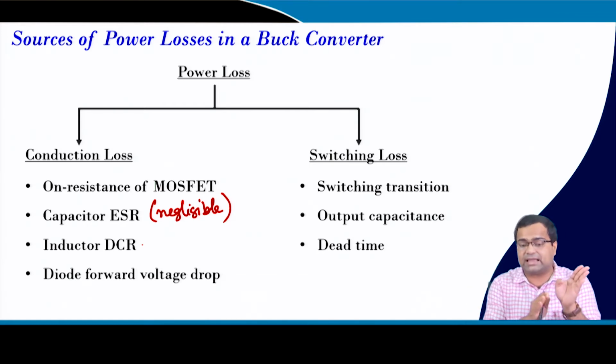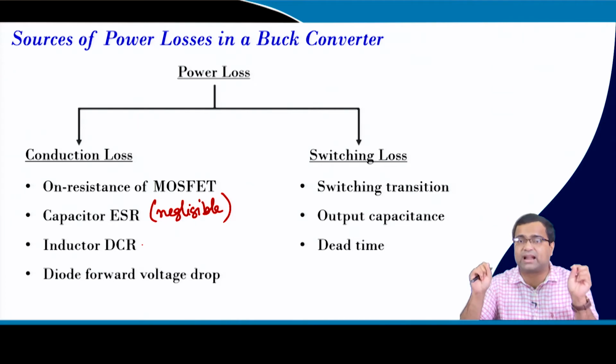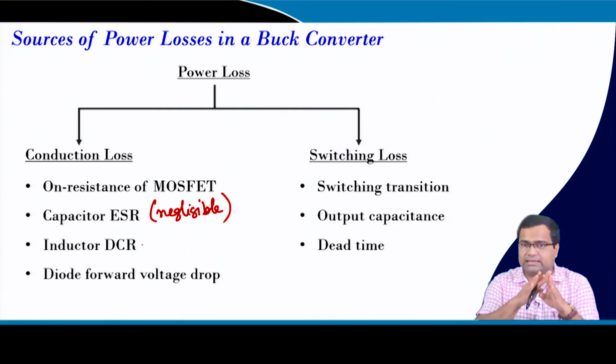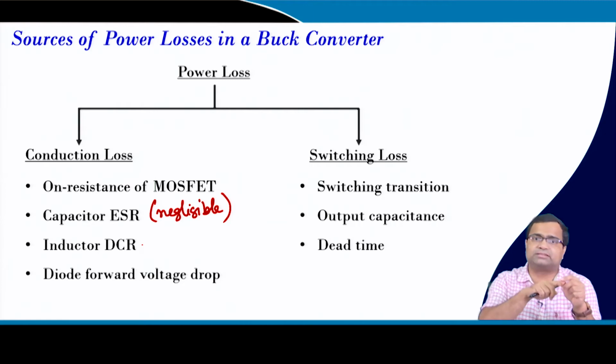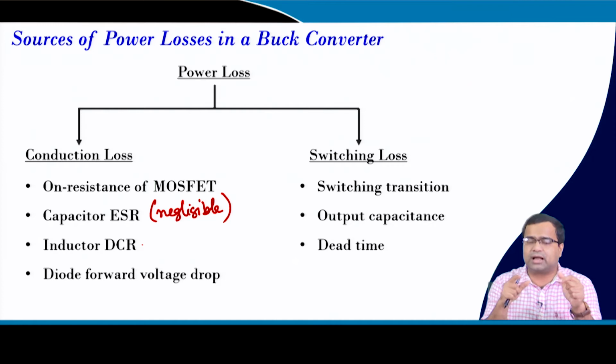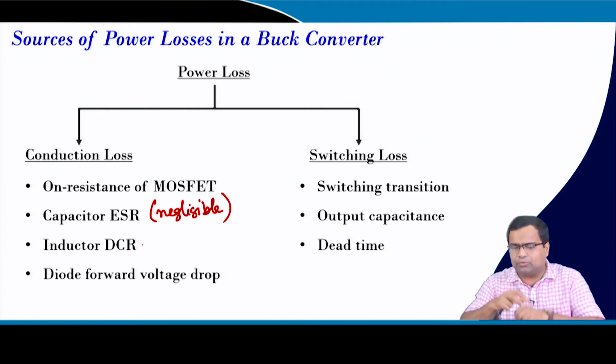So it is like a break before make, and during that time the body diode can be activated. If the dead time is quite large, then the body diode will conduct and that will create additional losses. But if the dead time is very low, there can be a scenario when both switches will be on and the supply can be shorted to the ground, and it will actually result in a high shoot through current. So you have to consider the dead time very carefully.